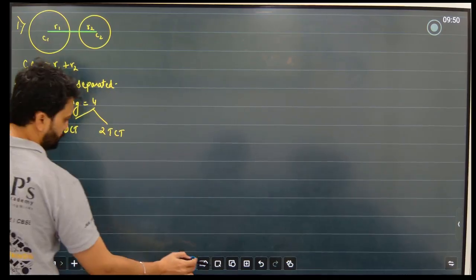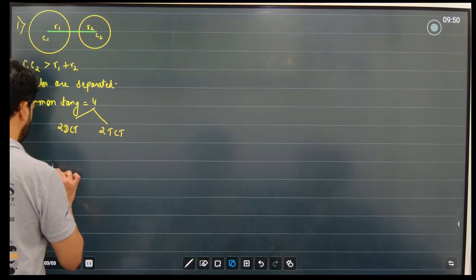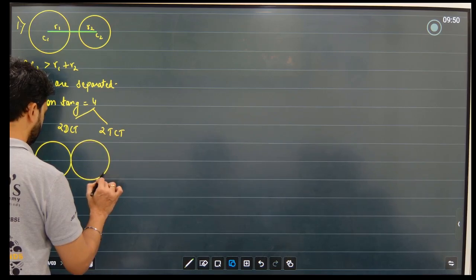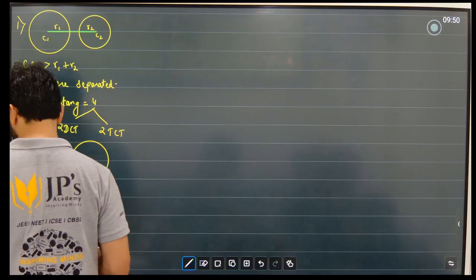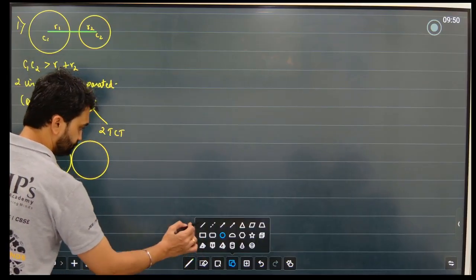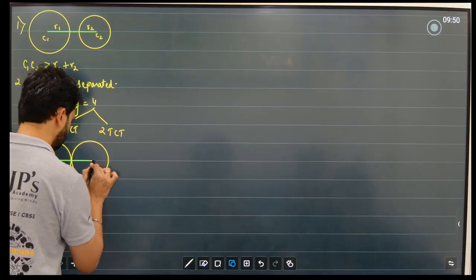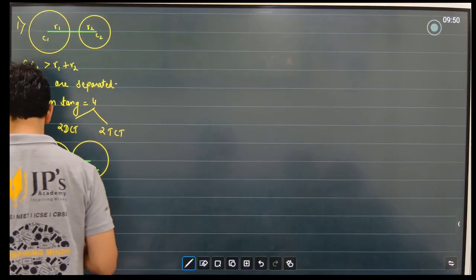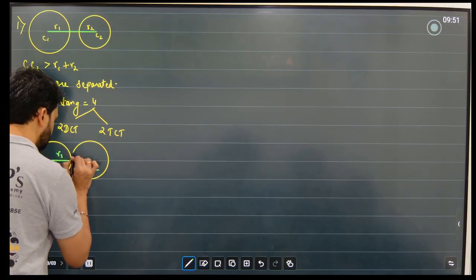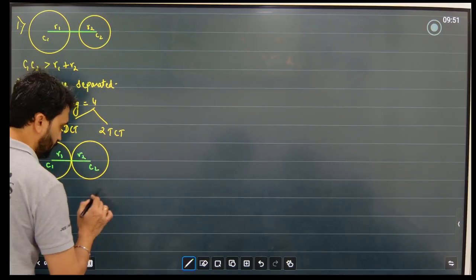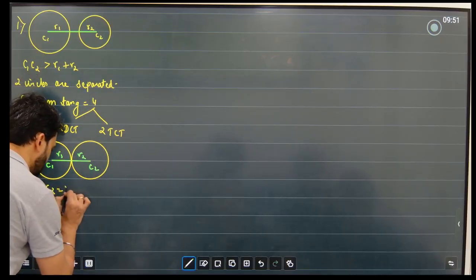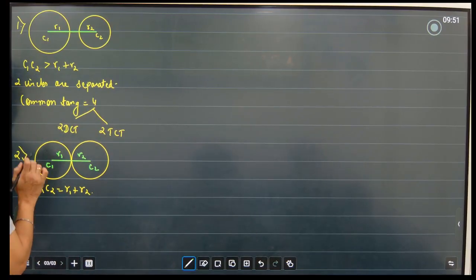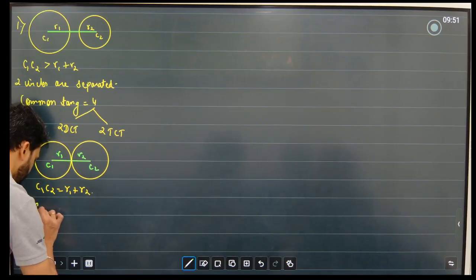Okay, if C1 C2 is equal to R1 plus R2. Okay, now see in this I will have 3 common tangents.